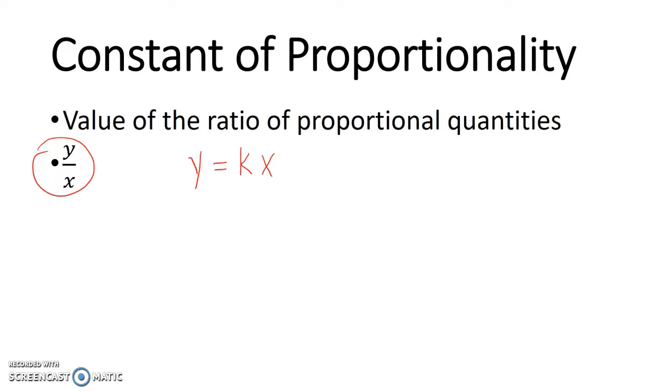In this equation, k and x are being multiplied, which means in order to solve it, I need to divide to get k by itself. I divide both sides by x, and I get y over x equals k, which is my constant of proportionality. So in order to find k, I need to take every y value and divide it by the corresponding x value. Let's look at an example of this.